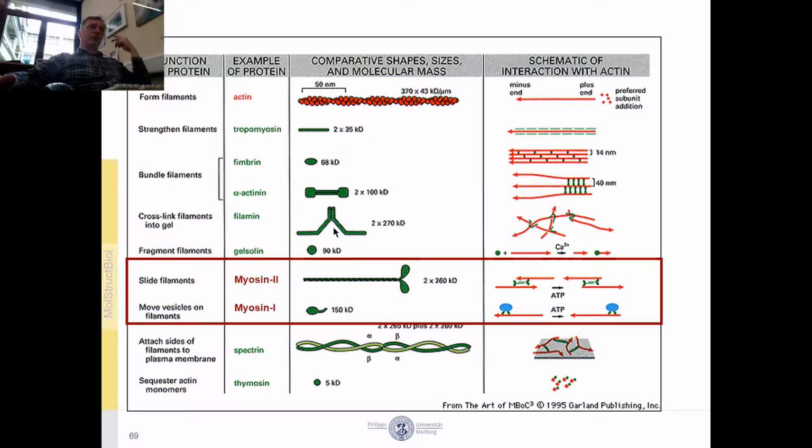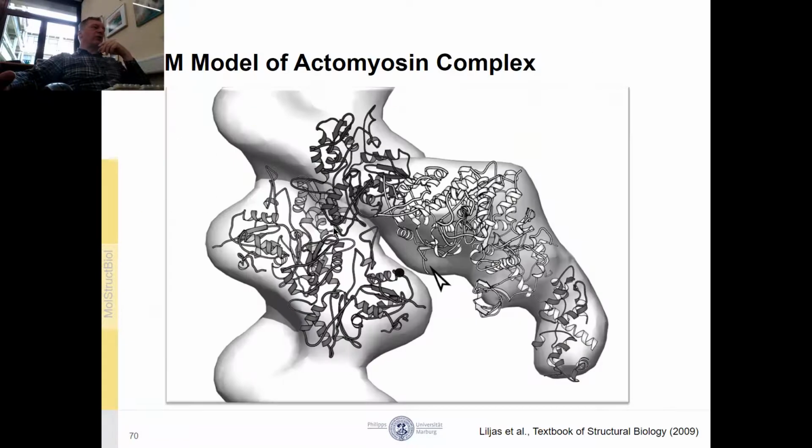Originally, myosin 1, the related protein, has been simply a motor protein to transport something along an actin fiber, and only later more complex organization forms have been formed, then these actomyosin complexes that we do have in our muscle.